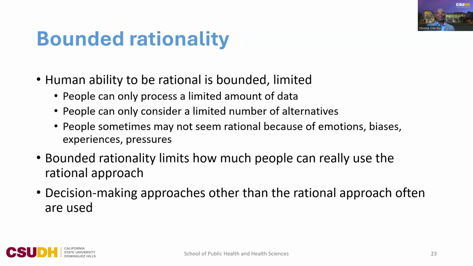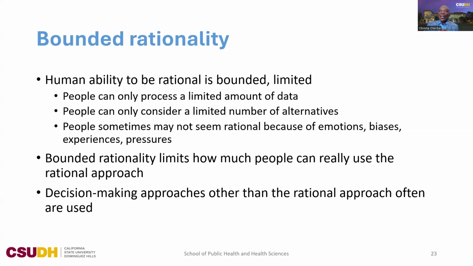But we have an issue. It's called bounded rationality. Why? Because human capacity for rational thinking is limited or bounded. While people strive as much as they can to make a rational decision, several factors can constrain their ability to process information fully. Why?